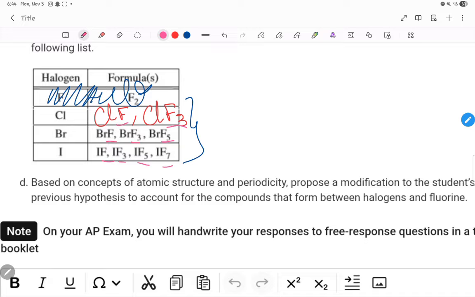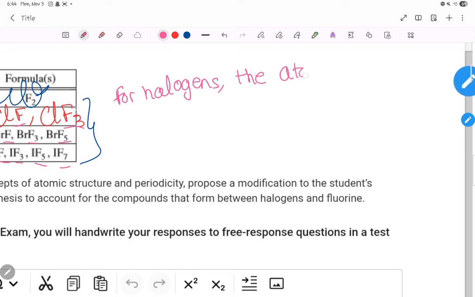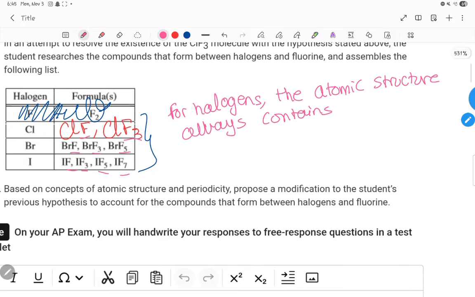So we should say that the atomic structure always contains an odd number of F. So, for halogens, the atomic structure always contains odd numbers of fluorine, right?